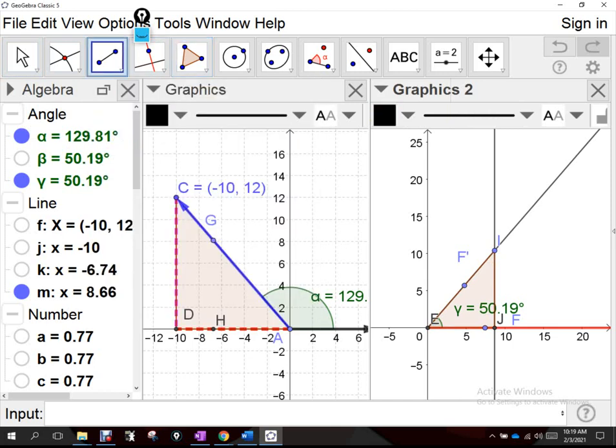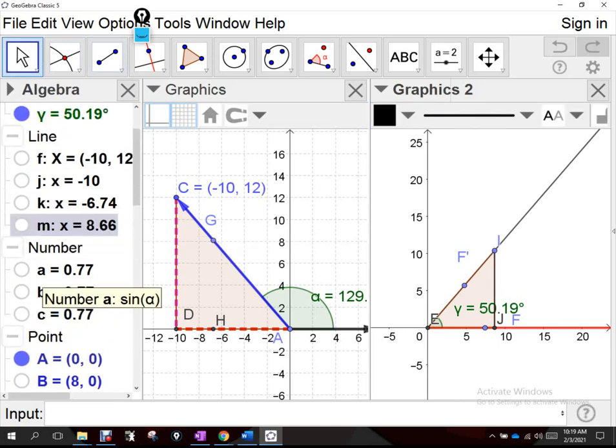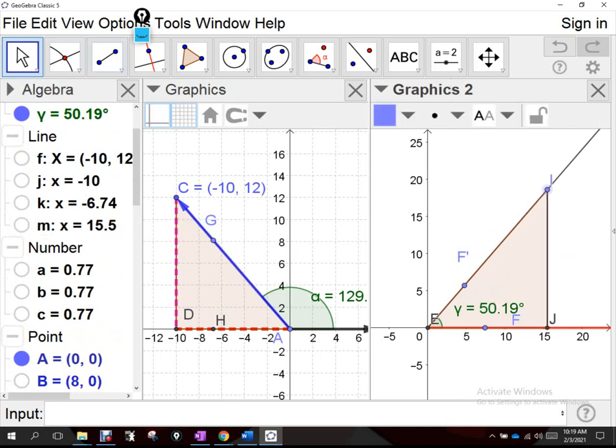What can you tell me, or what do you think you know about this triangle over here in comparison to this one here? They're proportional. They're similar, okay?